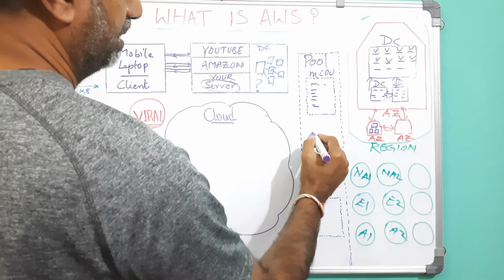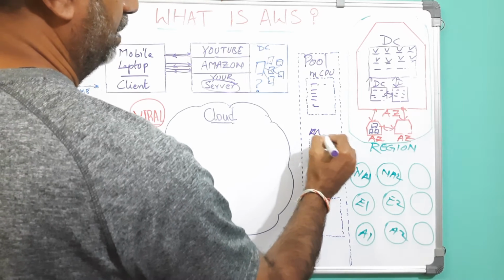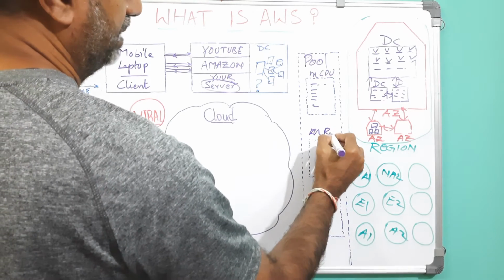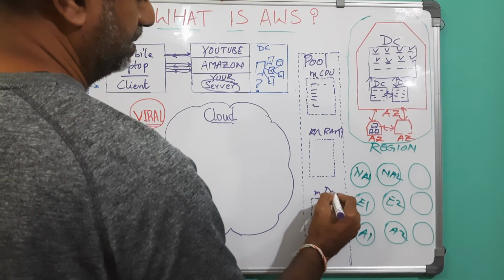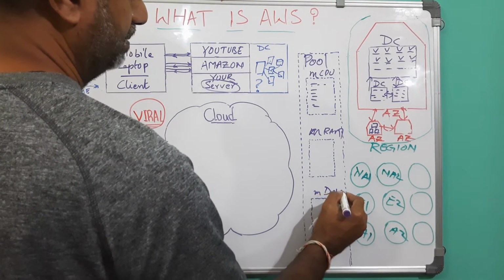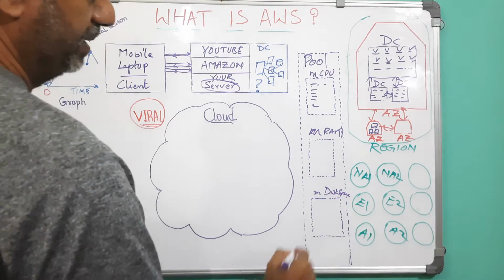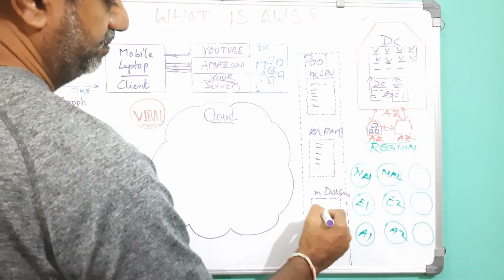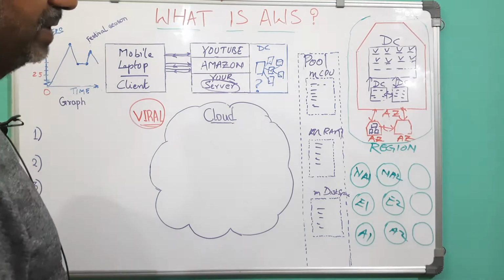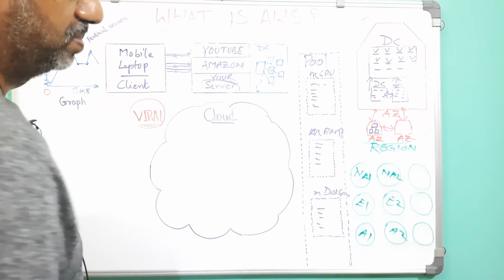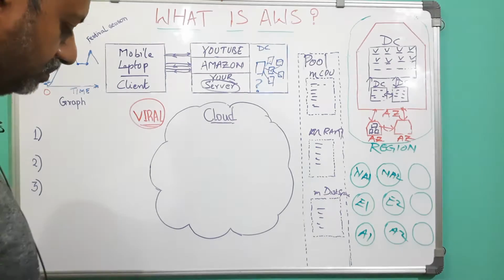Millions of CPUs are available, millions of RAM space is available, millions of disk space is available, right? So tons and tons of computing power is available at the disposal through software.